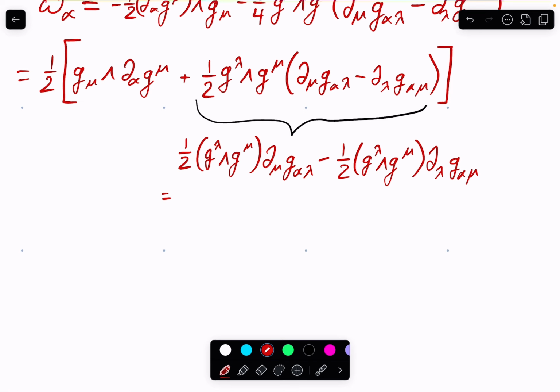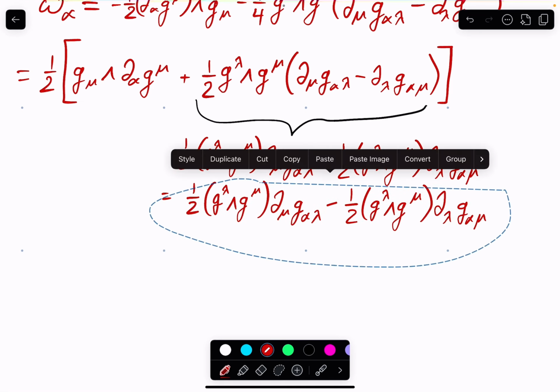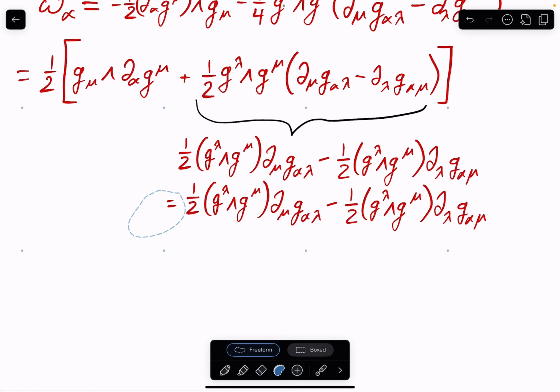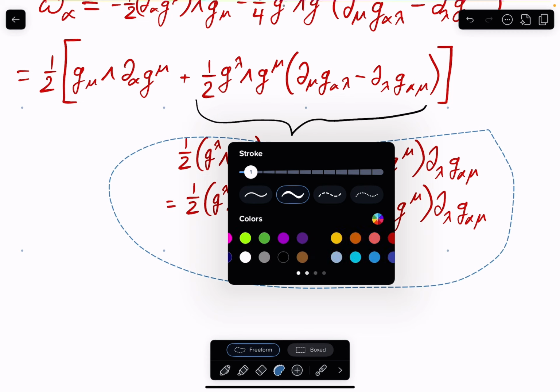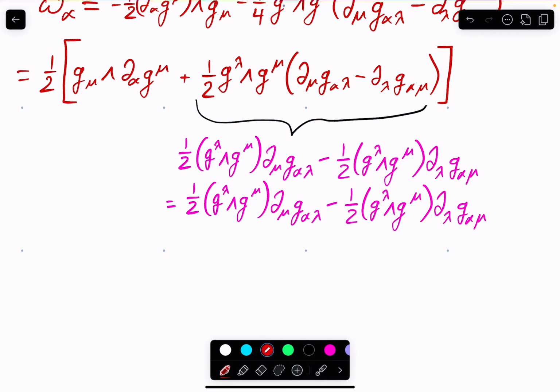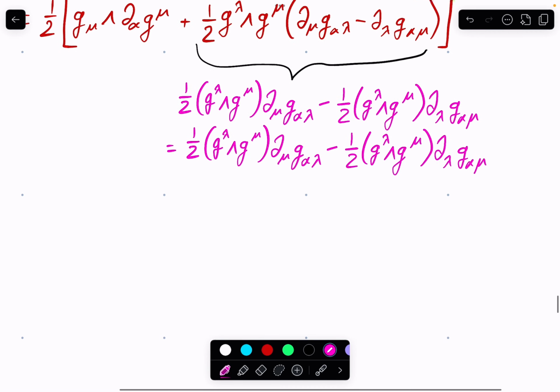This is equal to, actually, what I'm going to do here is change the color just so that it's more obvious. And we're going to make this positive, so we swap the indices here.